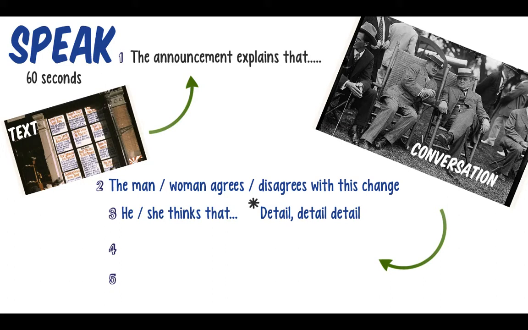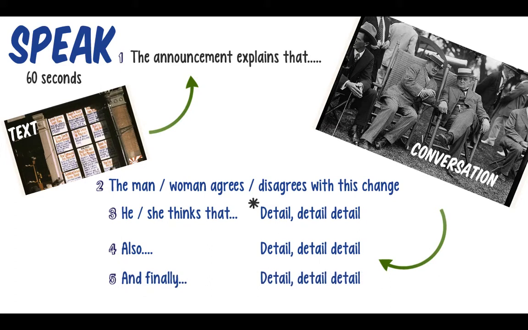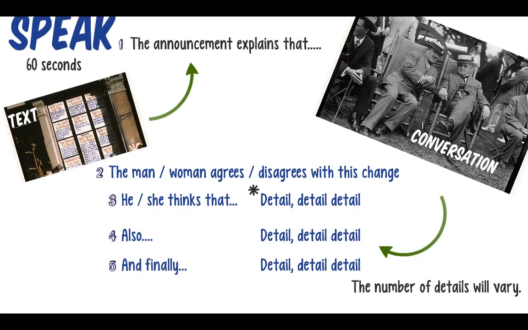He thinks that ... also ... and finally ... And remember, the number of details about each point is going to vary. So you will always have 3 points that the person mentions, but the number of details that support each point will be different, 1 or 2, occasionally 3.